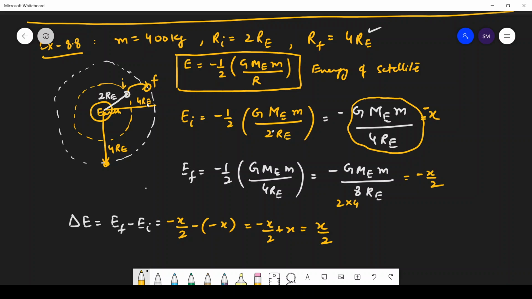So of course the change in energy is positive, which means I have supplied this much energy. Is it okay? Now put the value of x here. So this is minus x by 2, right? And here I've got plus x by 2.